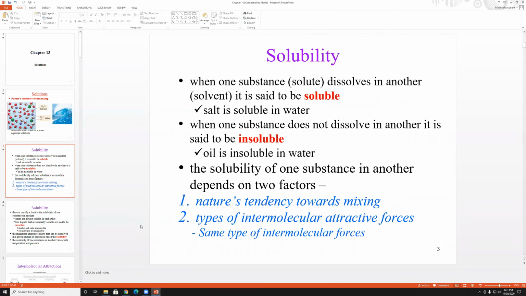Things that have dipole, hydrogen bonds, ionic bonds, dipole-ion, or any combination of things that involve partial or true charges, those will usually dissolve in one another.